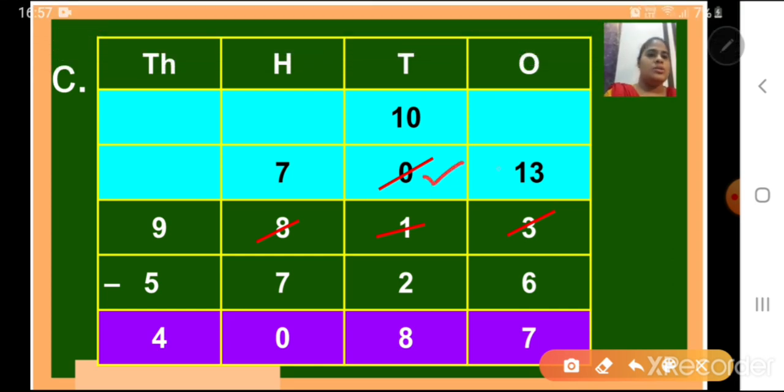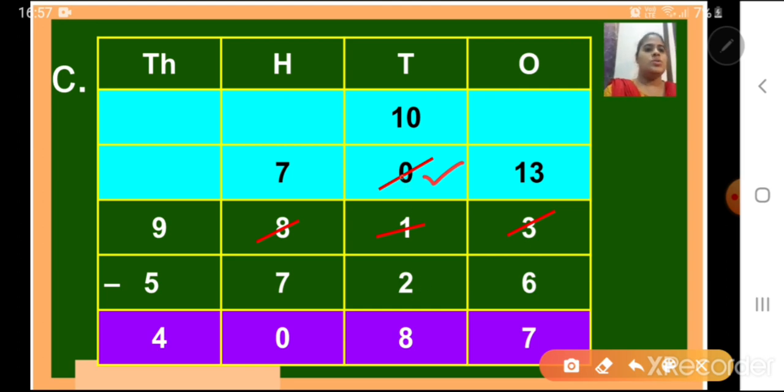Okay. 1 tens is equal to 10 ones. 10 plus 3 is 13. So we have to cancel 3 and we have to write here 13. Now 13 minus 6 is possible. So 13 minus 6 is 7. Okay. In tens place we did till 0. 0 minus 2, is it possible?